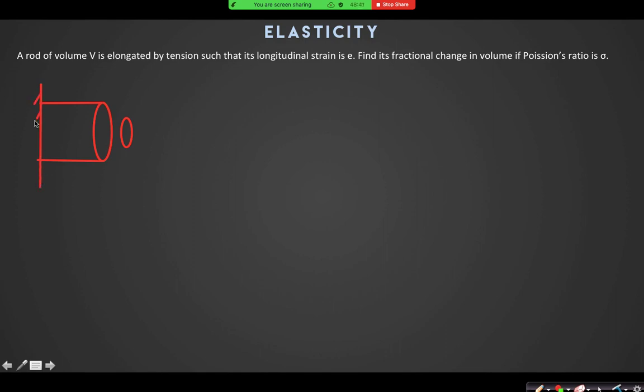Right, now I have applied some tensile force on it, and due to that tensile force the length has increased, but you can see that as the length has increased, the radius has also decreased. Yes or no? It is actually a practical situation.